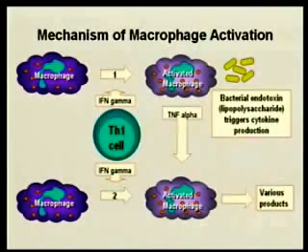Now, in addition, an activated macrophage or another cell type can produce TNF-alpha, and that in combination with the interferon gamma can lead to an activated macrophage. So you see here primarily these two signals, interferon gamma combined with either a bacterial endotoxin or with TNF-alpha, leads to the activation of the macrophage. Is that clear?